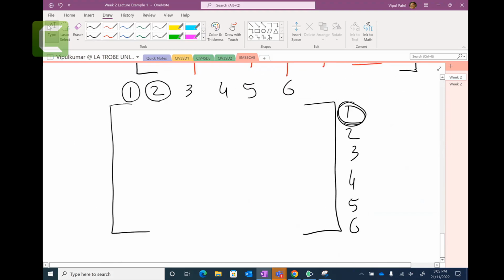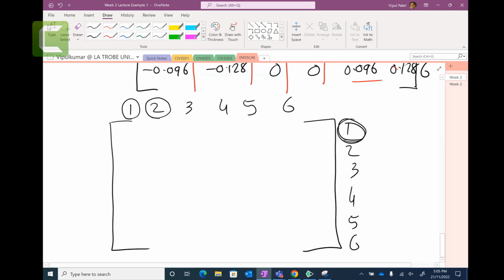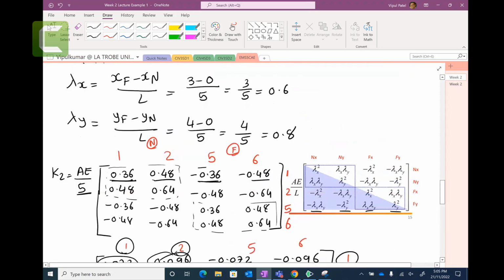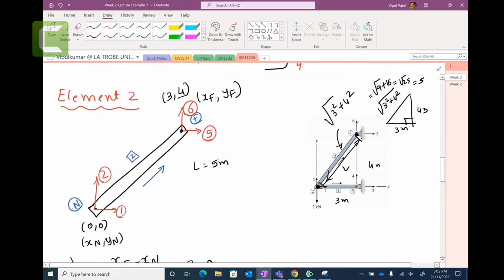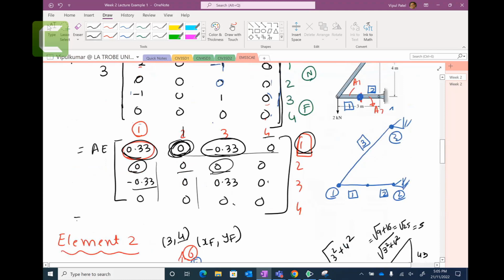Sayed Shah, do we have to add only? We have different square areas, A1 and A2. Maybe we need to calculate area and Young's modulus earlier. All good. Okay, Narayan, I will help you with that as well. So if you have different areas, what can you do? We can multiply this K1, and I will do it with Excel. You can keep E out and multiply the whole thing by area.